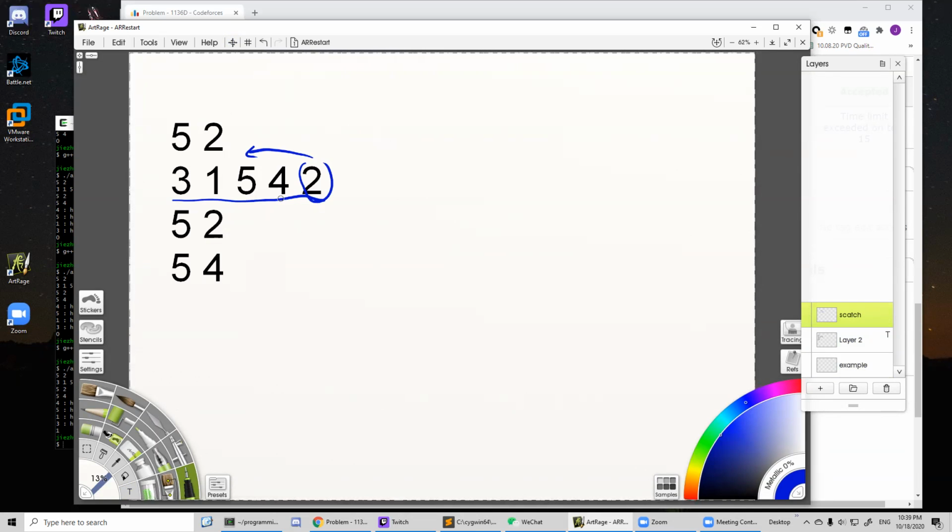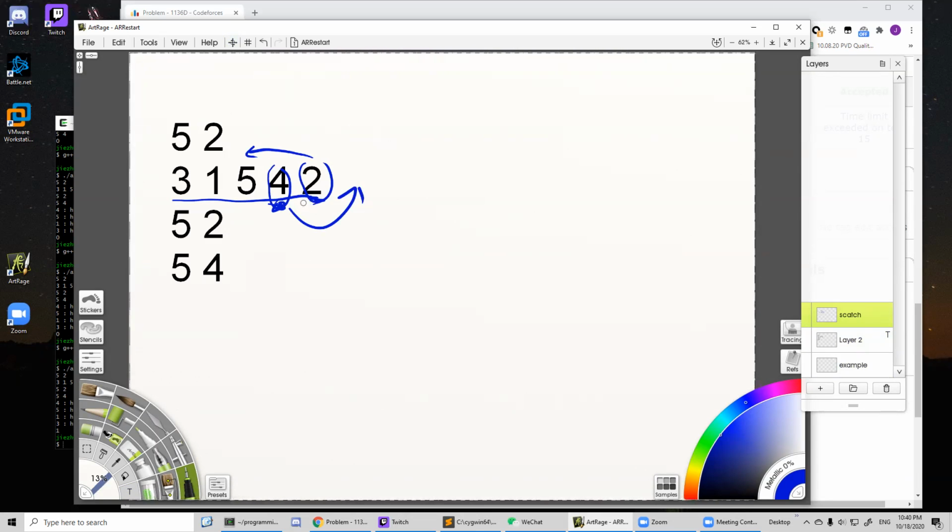So first, we can try if we can move the second last digit to the right of the last digit, right? We can try to move this guy here first.